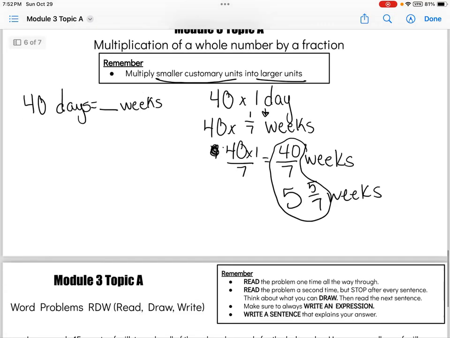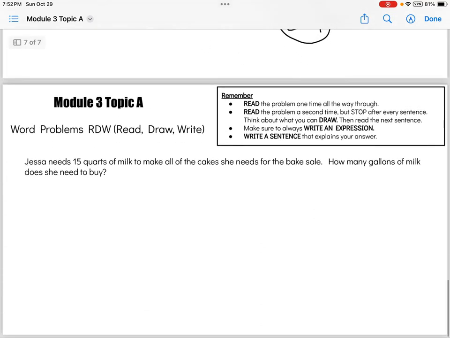Okay? And the last thing I want to show you is how students are tackling word problems in class. So the steps that they take, first they have to read the problem all the way through. So Jessa needs 15 quarts of milk to make all of the cakes she needs for the bake sale. How many gallons of milk does she need to buy?